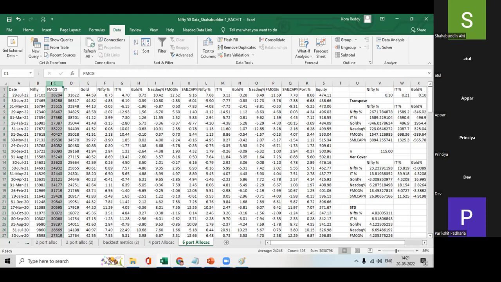When the new 100 comes, XYZ might have quite a bit of allocation. Because we are already at 500, even your 10% allocation would be 50. And now you're replacing FMCG with XYZ, so even if that is 0.1 or 0.15, you put all the 100 into that. Got it.